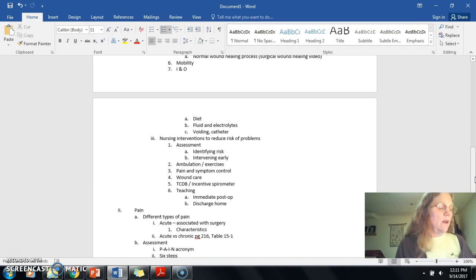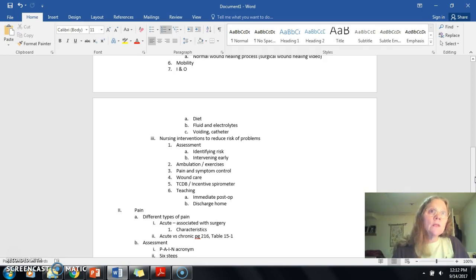Let's see here. We also need to be looking at what nurses are going to be doing to help patients recover. In terms of assessment, that ongoing assessment, how do we identify risks?